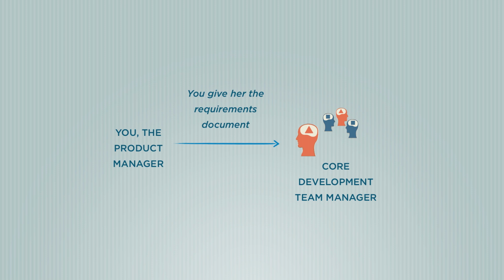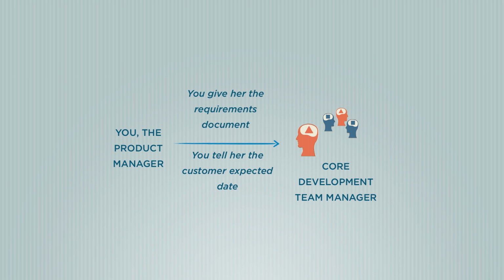You, the product manager, are going to pull together all these requirements, put them into a document, and then call or talk to the core development team manager, and tell her, okay, here are the requirements, and this is what the customer is expecting. Customer expected date is whatever that date, end of January, December, whatever it is.